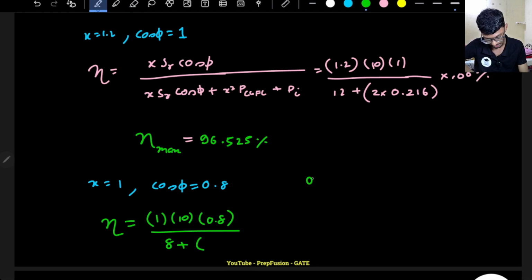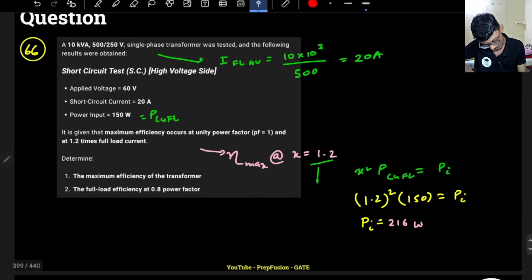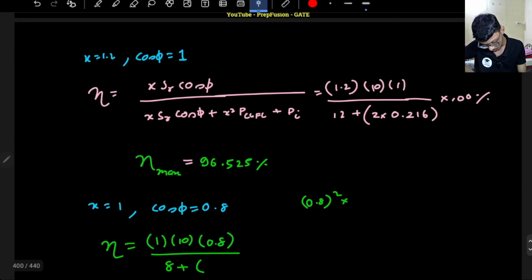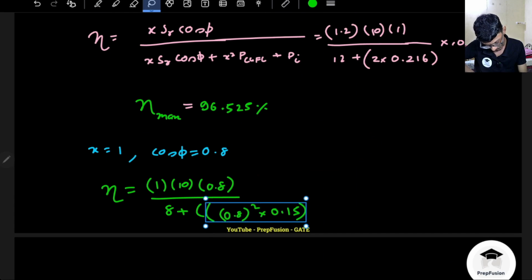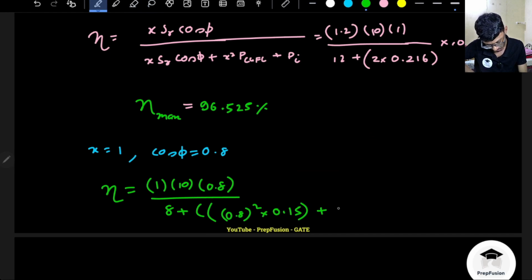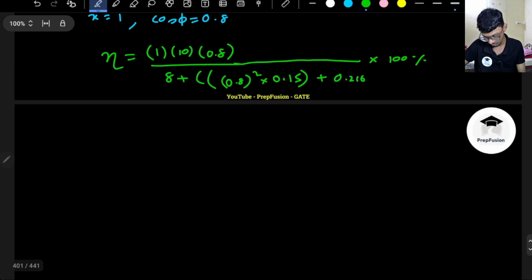So x square is 0.8 whole square into PCUFL. PCUFL is 150 watts, or 0.15 in kilowatts. And plus the iron loss, which is constant, that is 0.216, into 100%.